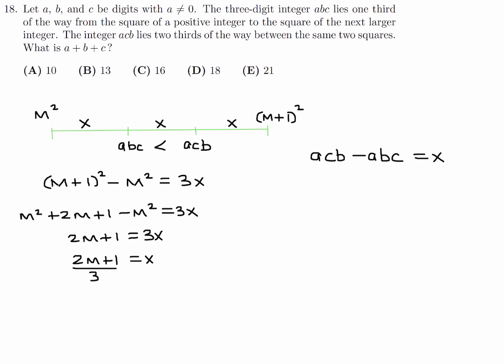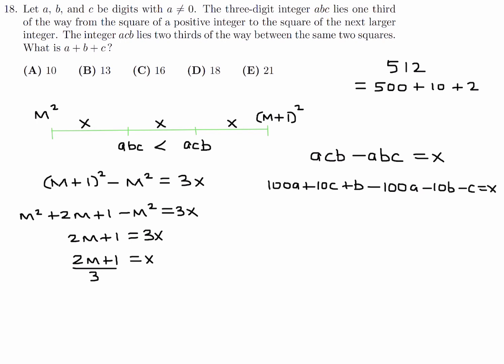Now what is ACB? It's a number, like for example 512. But 512 is really 500 plus 10 plus 2, correct? So we have to write that form here. So 100A plus 10C plus B. And then similarly for ABC, it's 100A plus 10B plus C, and we are subtracting.